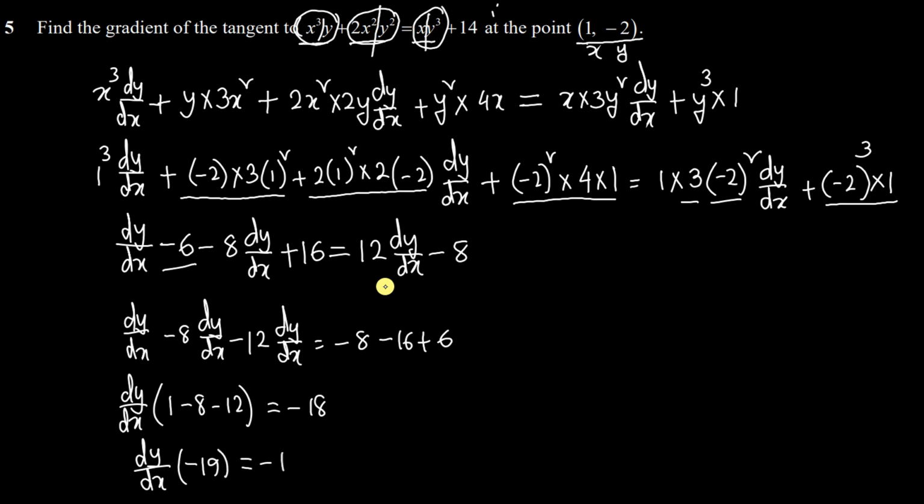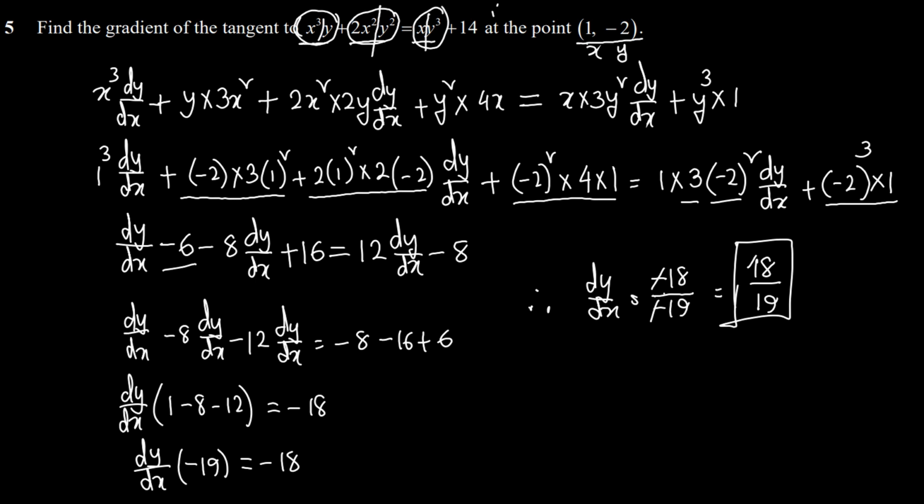Minus 19 dy by dx equals minus 18. Therefore dy by dx equals negative 18 divided by negative 19. We can cancel the two minus signs. 18 by 19 is the result of this expression. So 18 by 19 is the gradient of the tangent of that expression.